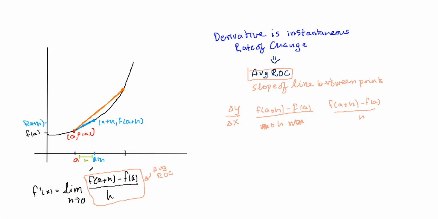I have this tinier h, and I have a line that is a more accurate representation of the rate of change that's going on at point A. The smaller gaps that we take, the more accurate this is, which you can kind of visualize based on this graph, because if we go from this point to this point, it's a very dramatic change in x value and y value, and there's all of this gap.